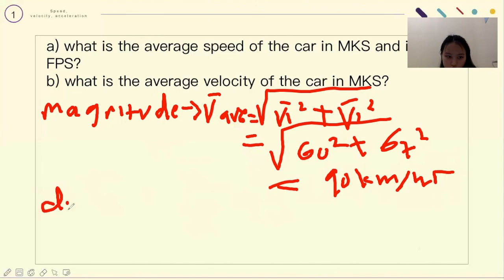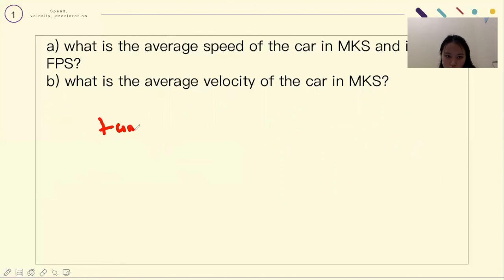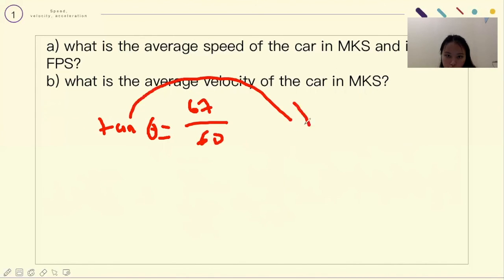And then to find the direction, we use tan. So 67 over 60, and then move the tan from left to right.